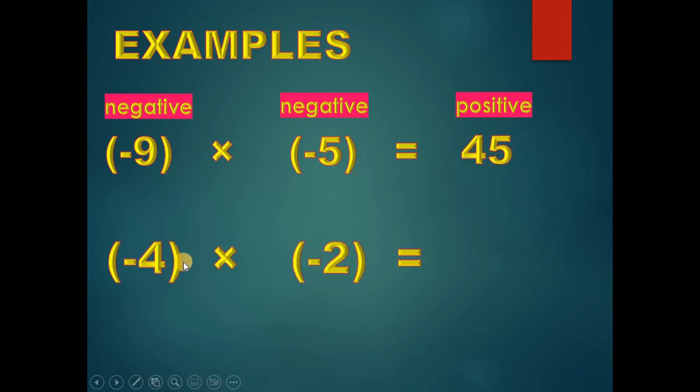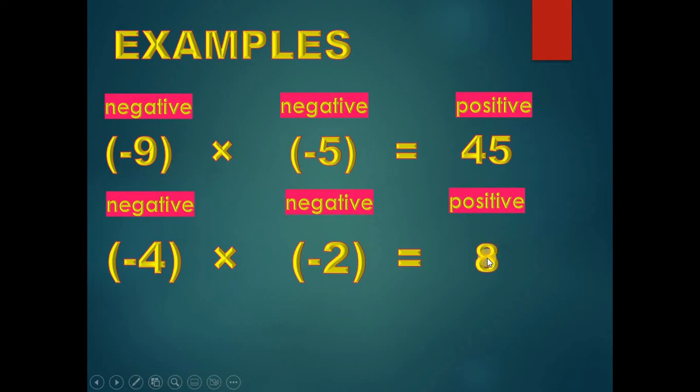So, another one. So, we have negative 4 times negative 2. So, negative times negative is positive. O, yan, positive. So, kung positive siya, i-multiply na natin yung dalawang number. So, 4 times 2, we have 8. Ayan. So, positive 8.